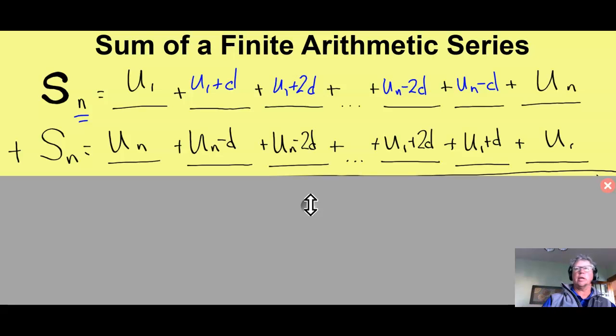Very awkwardly, without any direction. Why would somebody do this? Maybe you saw the pattern that some things canceled out and we ended up with a term that looked the same. Let's see what happens here. Here we have the last term going down to the first term. Let's just see what happens.